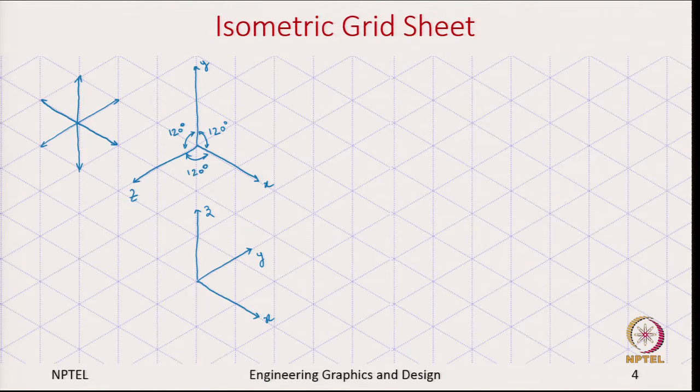As you can see, this isometric grid view helps us to show the 3 coordinate axes. But now, let us see how we can use these 3 coordinate axes to represent different planes, because that helps you to build up objects. Let us develop a coordinate system using x, y and z.